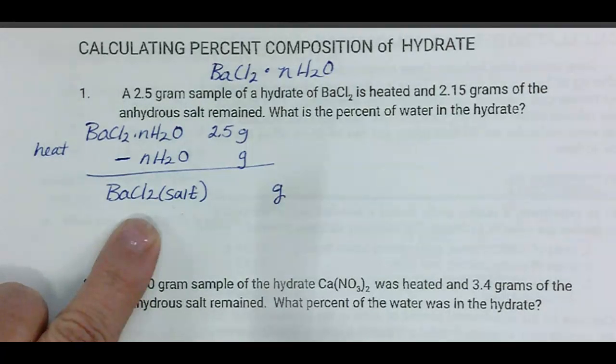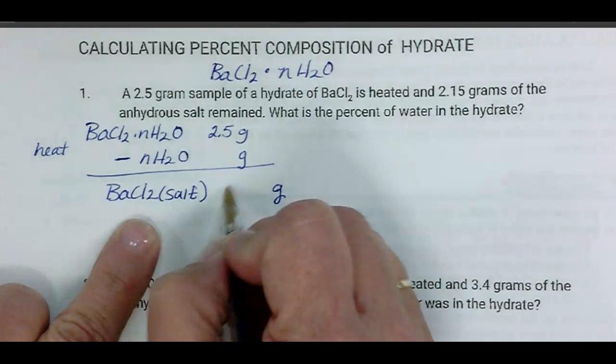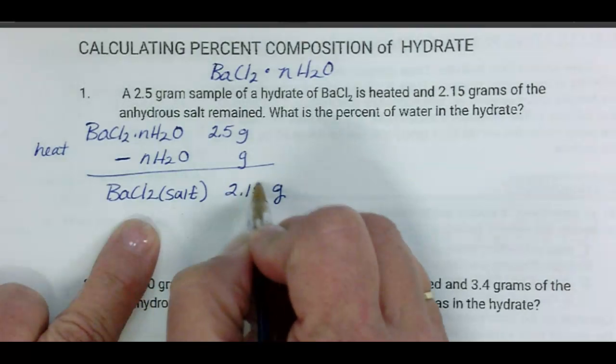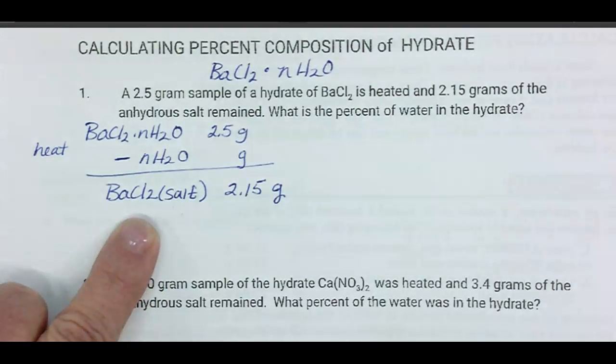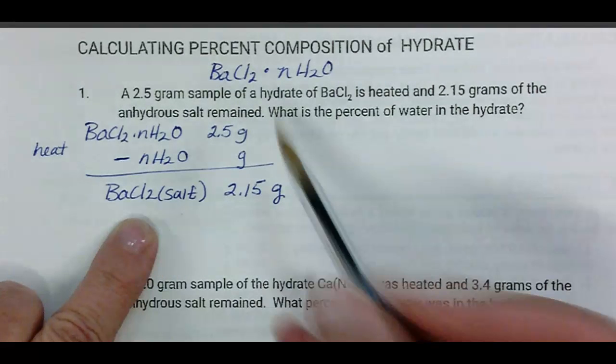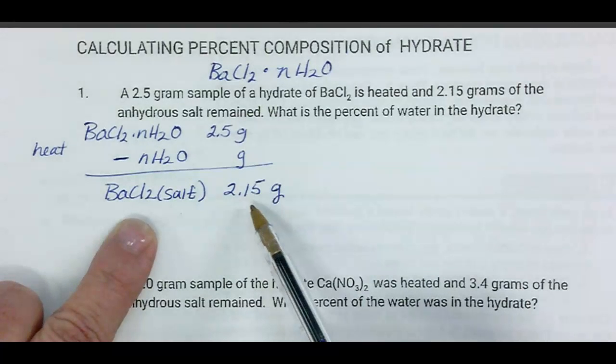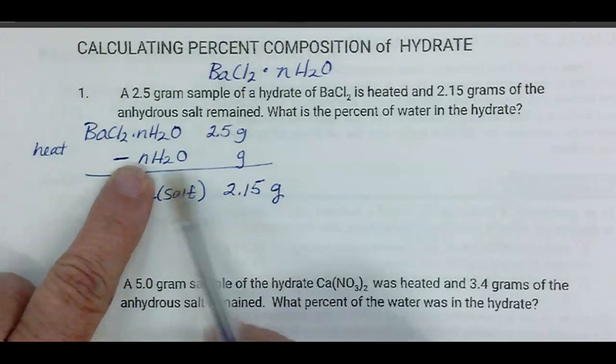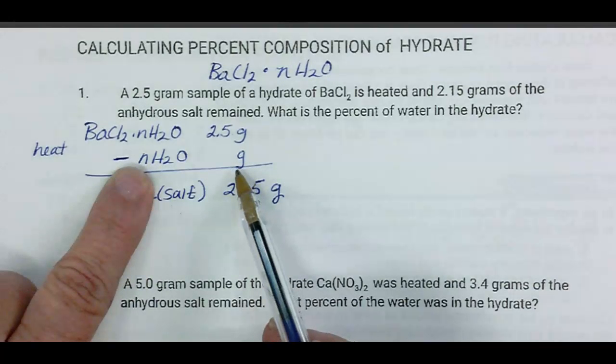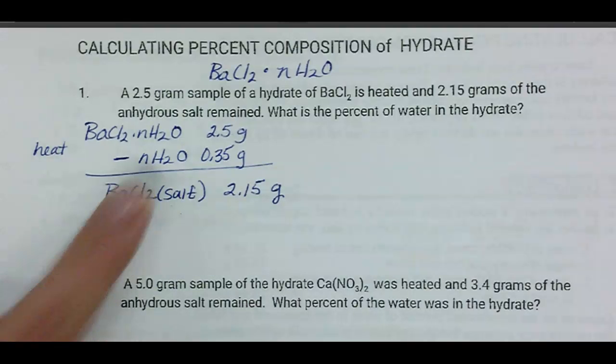Now, when we have it left over, it tells us there's 2.15 grams that is left over. So the question becomes, if you started with 2.5 and I have 2.15 left over, how many grams was water?